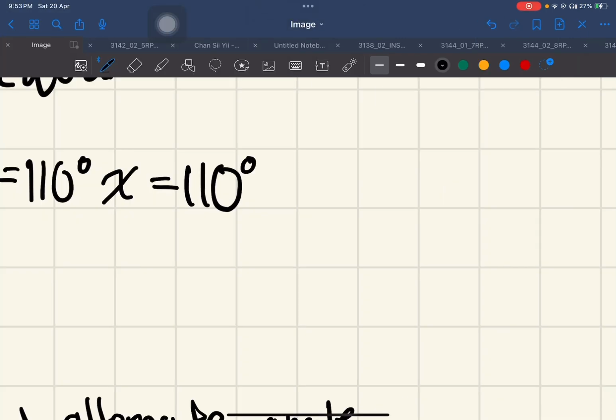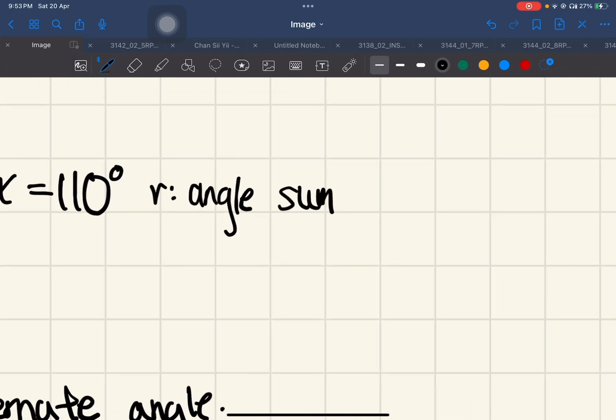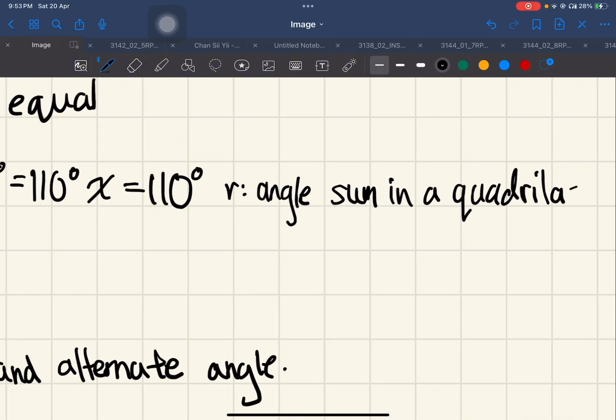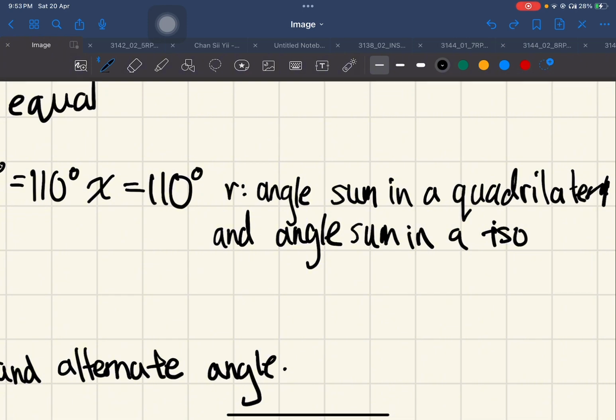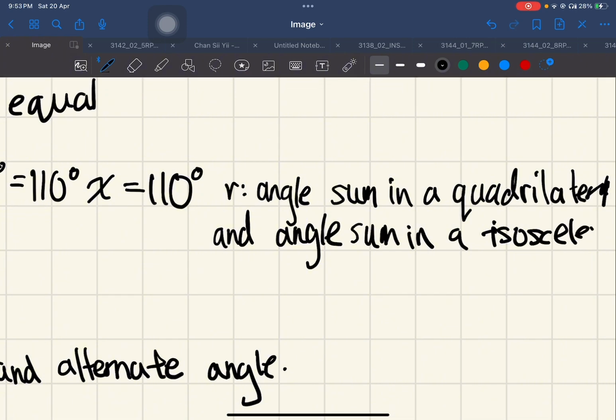Reason will be angle sum in a quadrilateral and angle sum in an isosceles triangle.